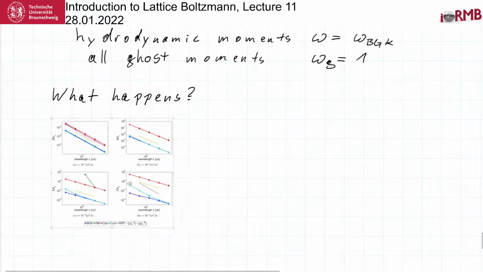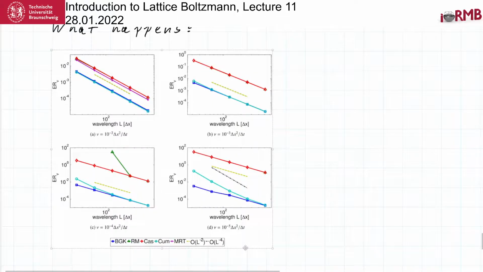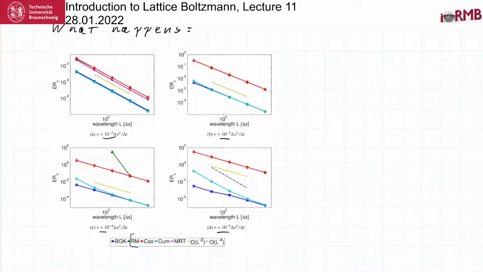Okay, so this is the result for these simulations, specifying different viscosities, and we look at different methods that are here. There are some methods that we have not yet discussed, so forget about them. We have the BGK, which is this blue one.